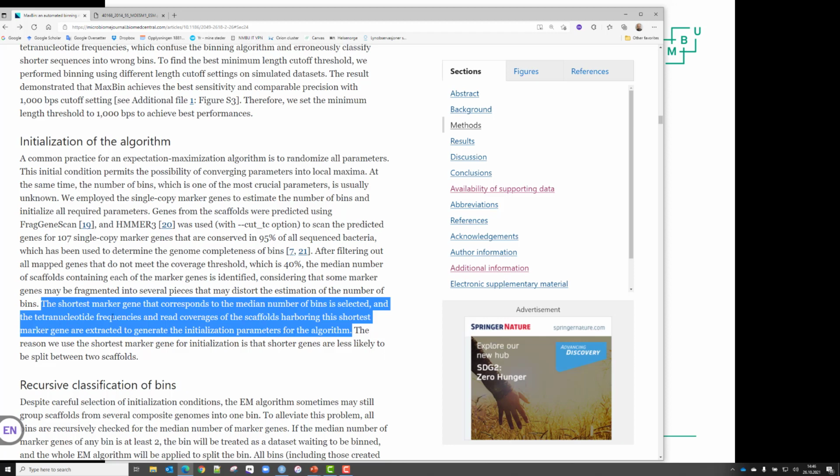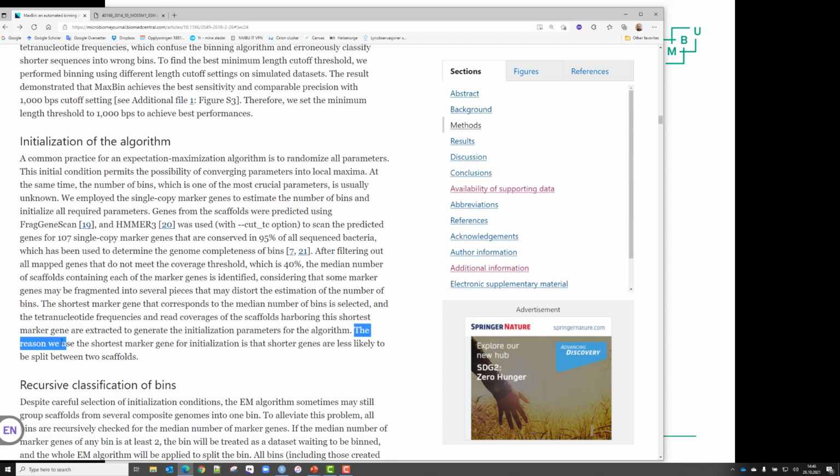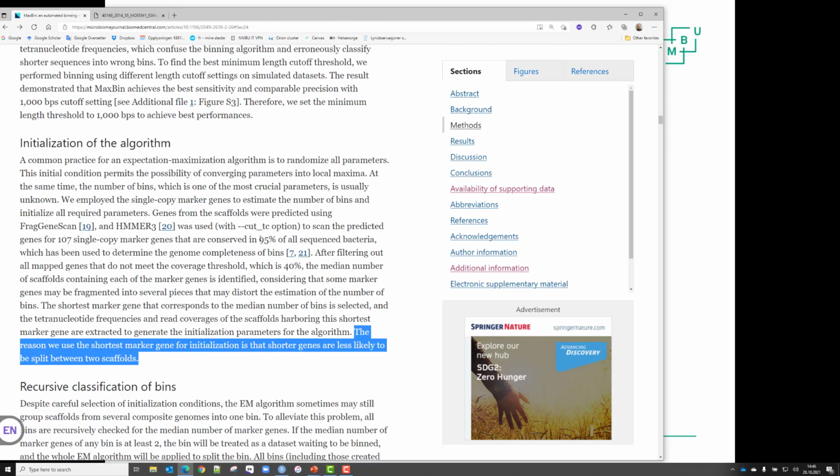So we compute the tetranucleotide frequencies and read coverages for these scaffolds, having this shortest gene only. And why only the shortest gene? It says here, the reason we use the shortest marker gene is that they are less likely to be split between two scaffolds. It sounds like a good argument to me.